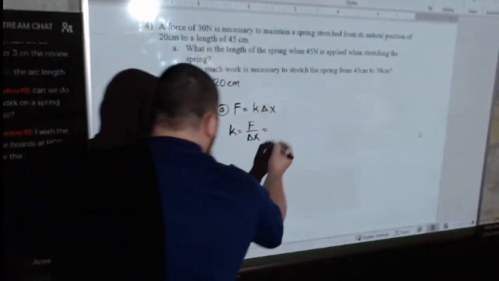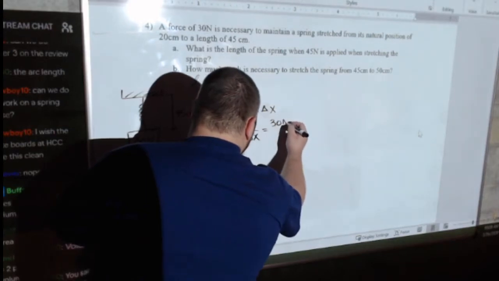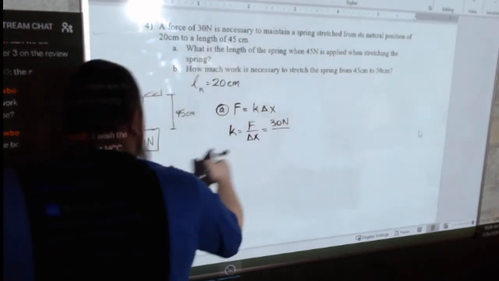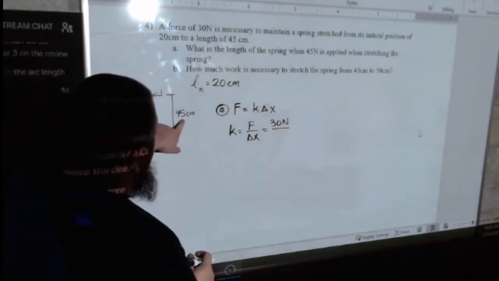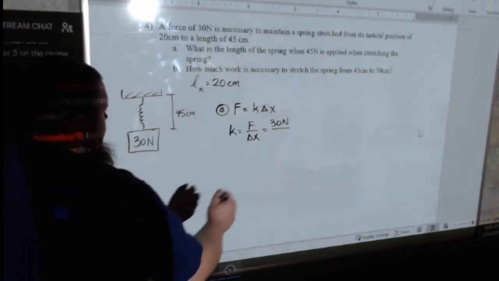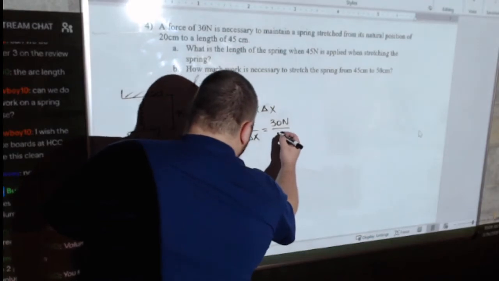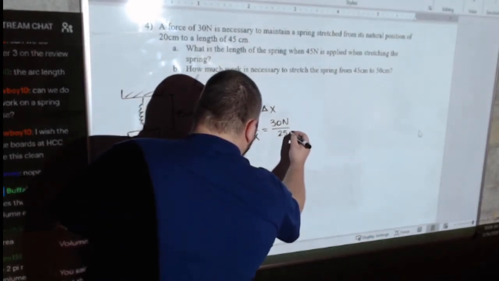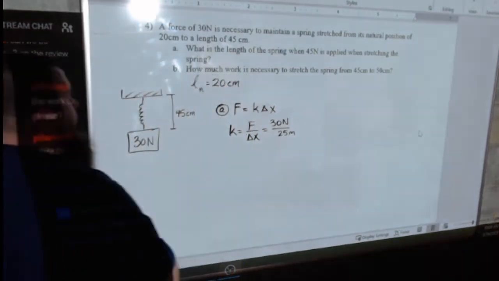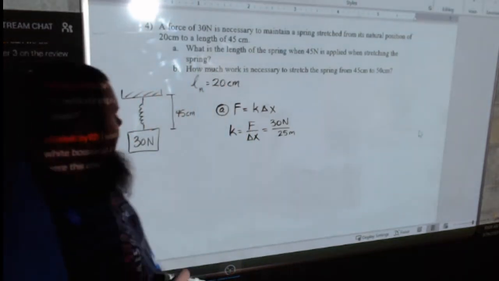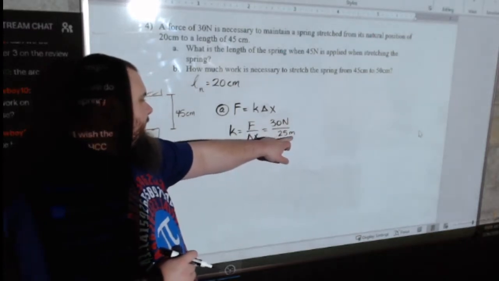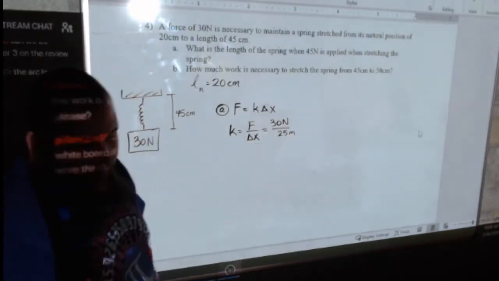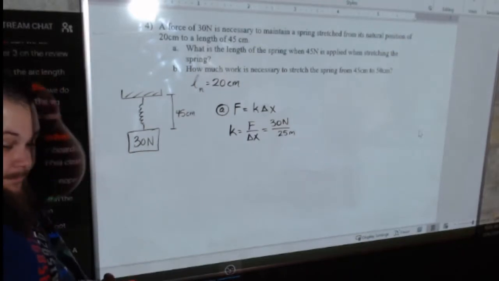F is 30 newtons. Delta x, well, we went from 20 centimeters to 45 centimeters. So that's 25 centimeters, or 0.25 meters. We have to be careful because newtons has meters inside of it, so we have to convert our units in this case.